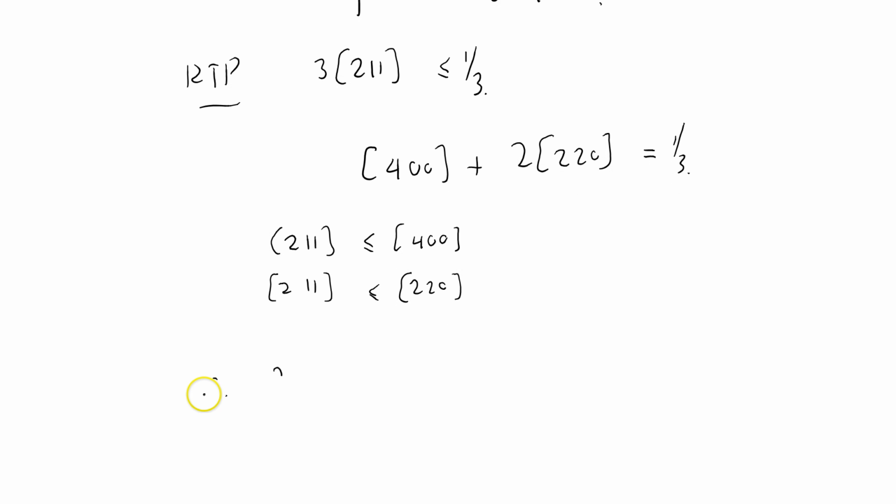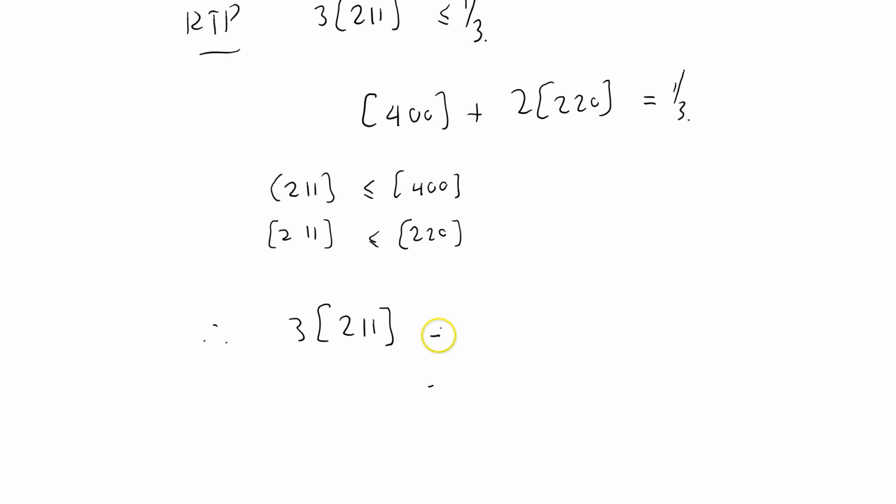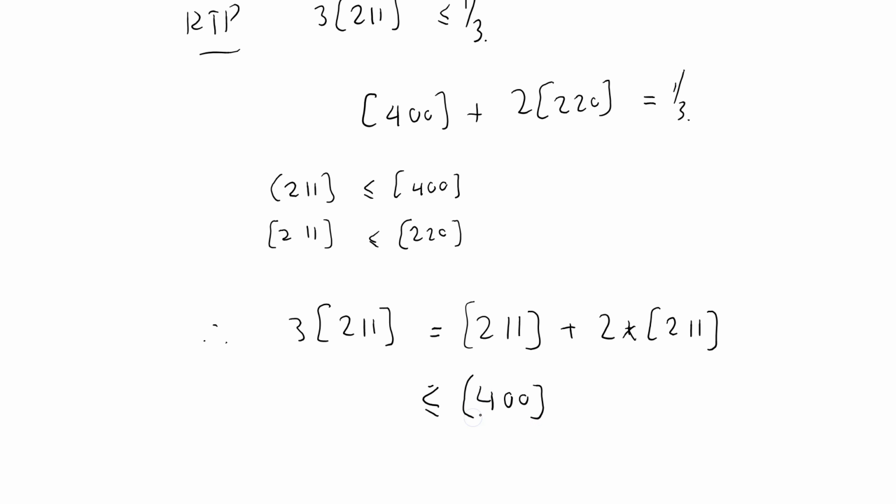Therefore, 3 times 211, let's do that again, 3 times 211 equals 211 plus 2 times 211, which is less than or equal to 400 plus 2 times 220, which equals a third.